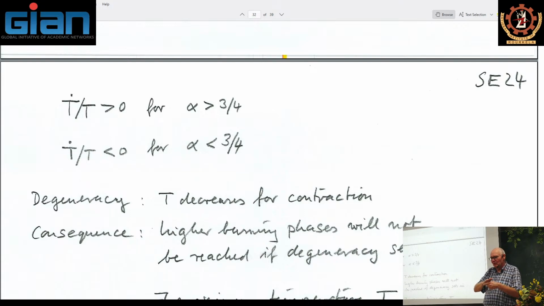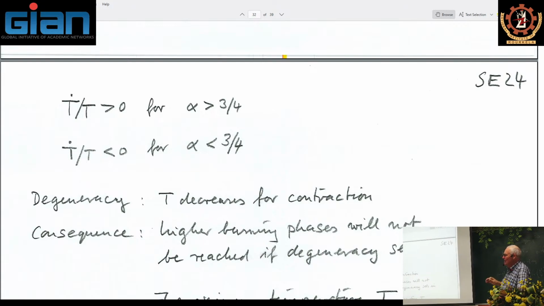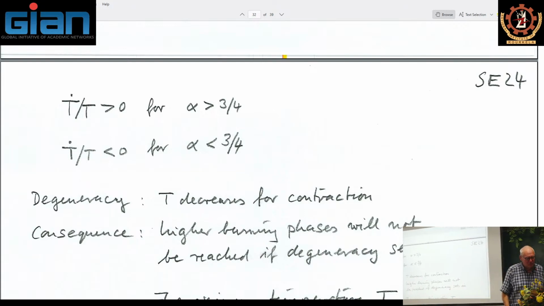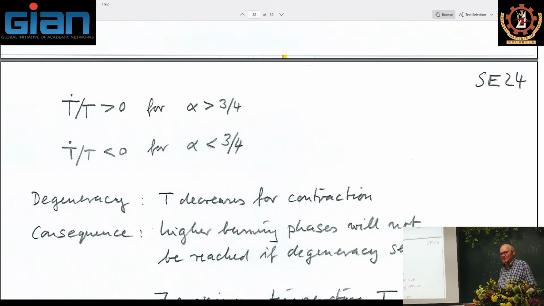It is responsible for the fact that all stars, or at least some stars, I will comment on it in a minute, will reach a maximum temperature and may only undergo several burning stages, and the later burning stages cannot be achieved because the temperature maximum is reached before the next burning stage would be ignited. Okay. So the higher burning phases will not be reached if degeneracy sets in before that.